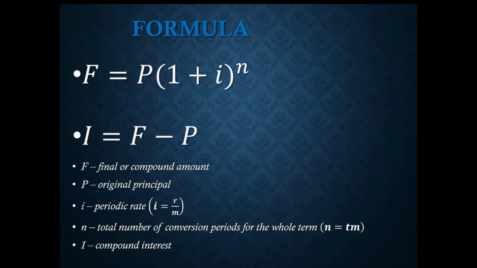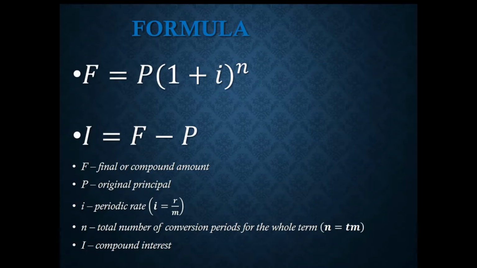However, for this discussion, we'll refer to them as the final amount, final value, compound amount, original principal, or present value. Aside from that, we also have the periodic rate, which we've discussed earlier, denoted by I, your total number of conversion periods, N, which could be solved by multiplying your term and the number of conversion periods, and then finally your compound interest, I.